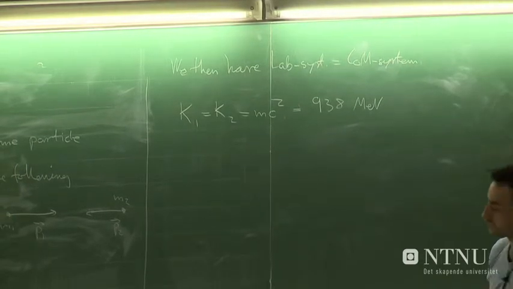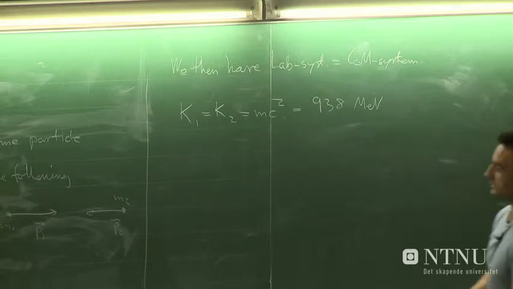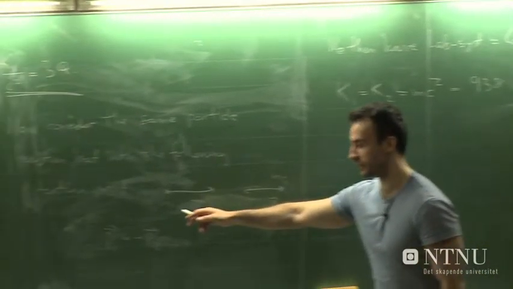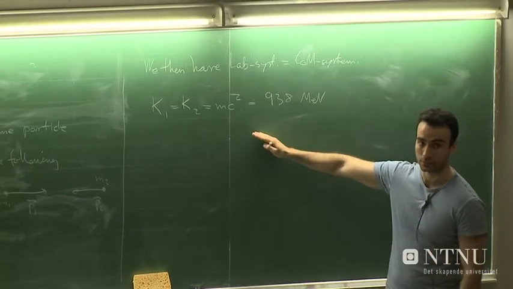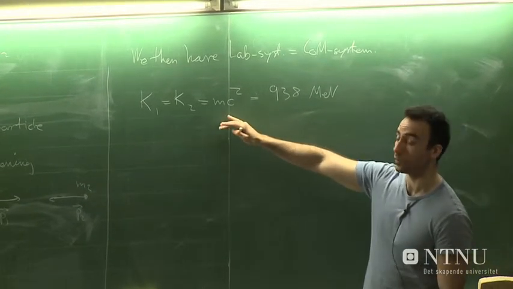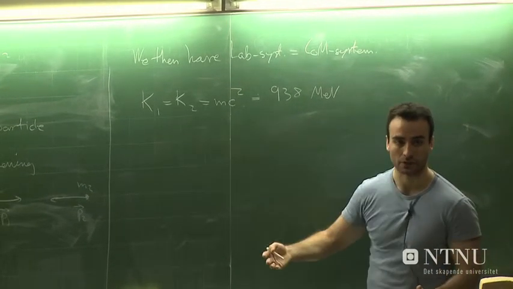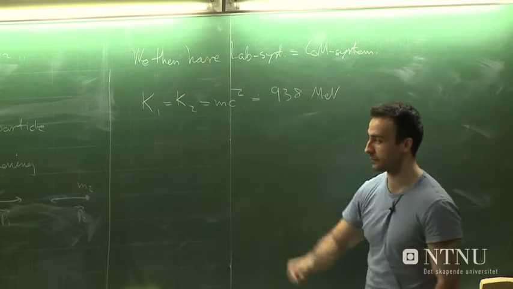So what does this mean? Well, the available energy before the collision is the rest energy plus the kinetic energy. The rest energy is 2mc squared. We have two particles, each mc squared. The kinetic energy, at the threshold, is also 2mc squared, because each particle has kinetic energy mc squared.